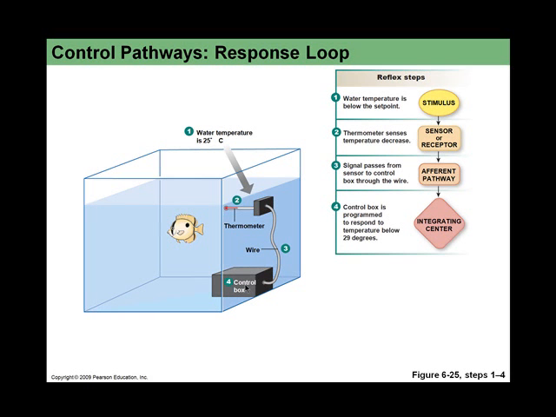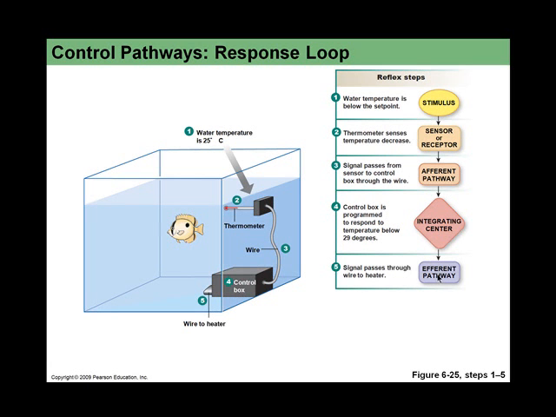Then there is the control box itself, such as might be part of the brain in the biological system that we considered previously. The control box is programmed to respond to temperature below 29 degrees. So this is the integrating center that we would think about in a biological system. Could be neurons of the brainstem for blood pressure control. The signal passes through wire to the heater.